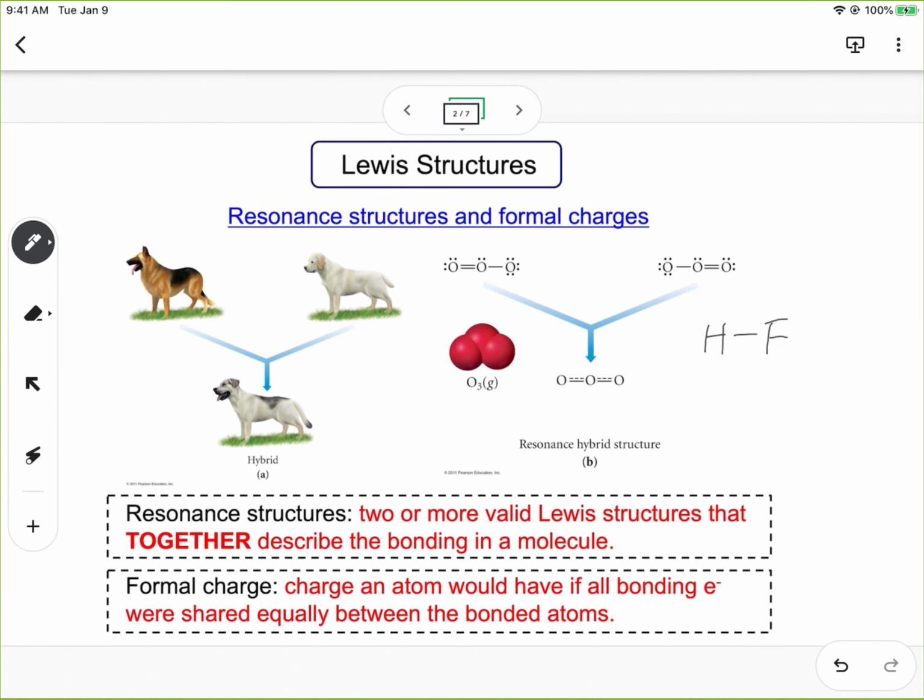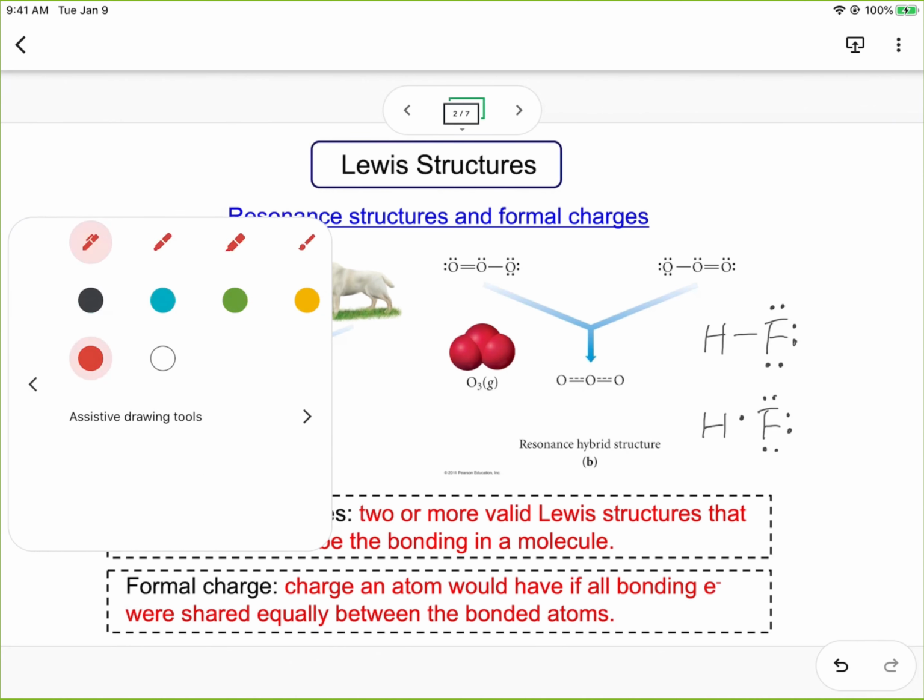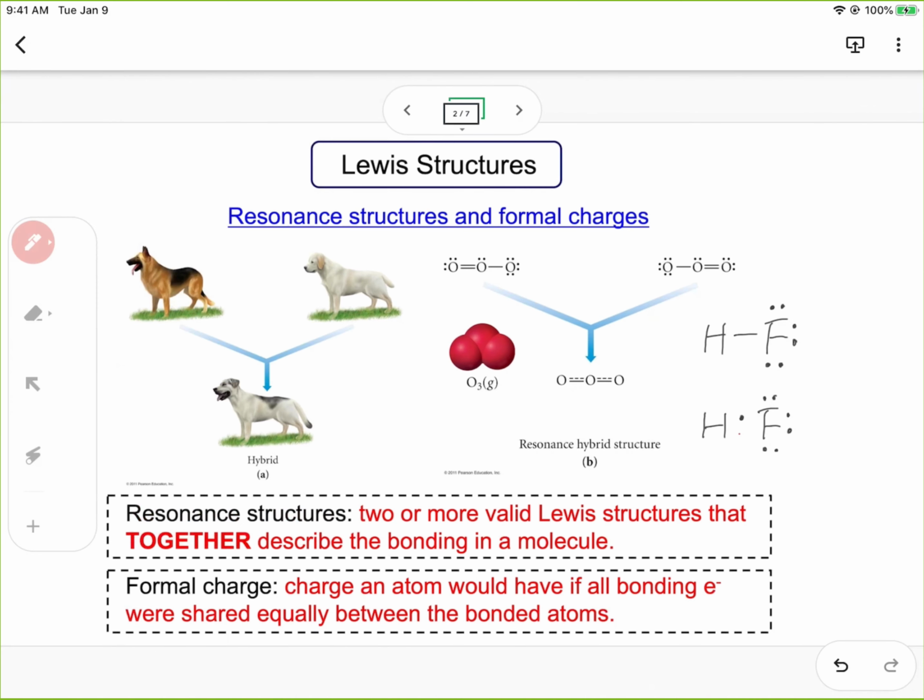If you draw the Lewis structure of hydrogen fluoride, you will see that it has three lone pairs on fluorine and one single bond between hydrogen and fluorine. I want to show you the two electrons shared by those two atoms. One comes from fluorine, the other comes from hydrogen.